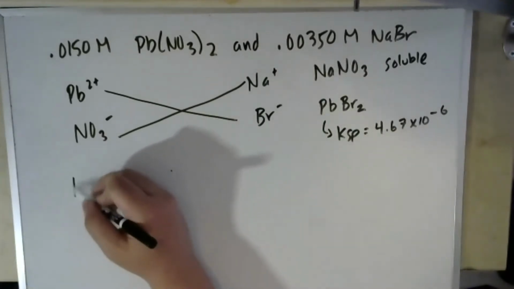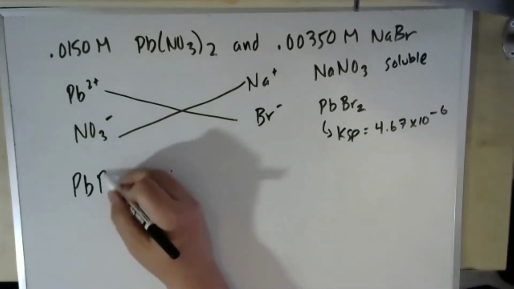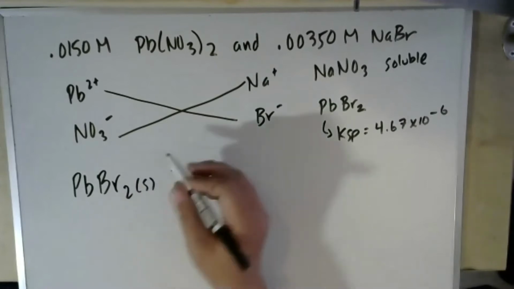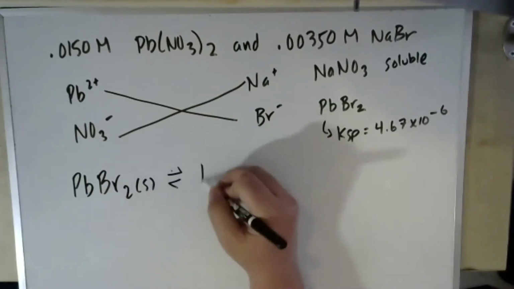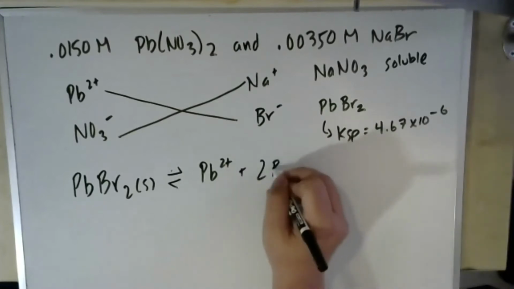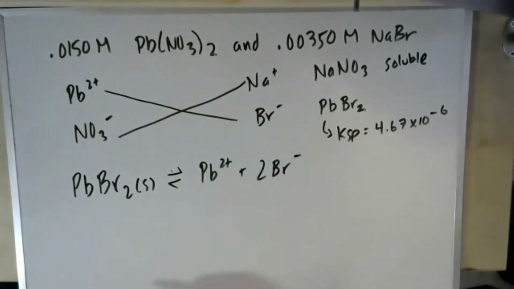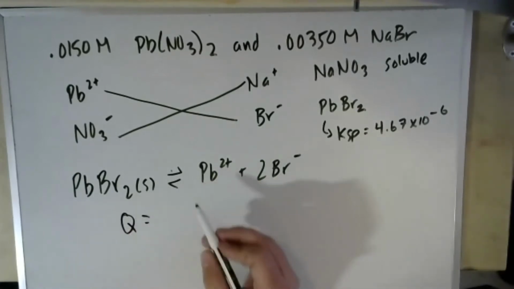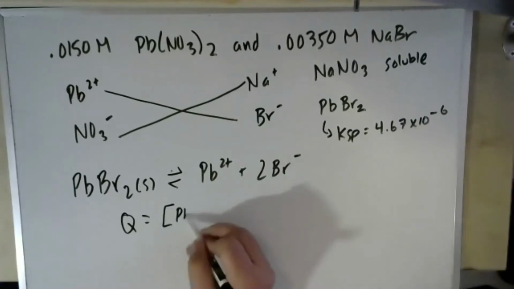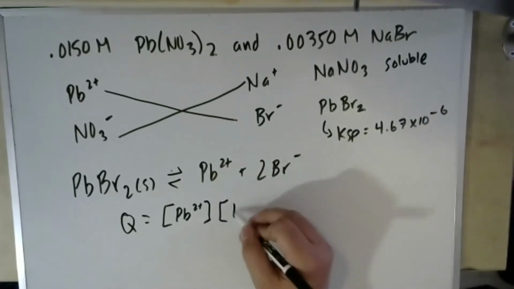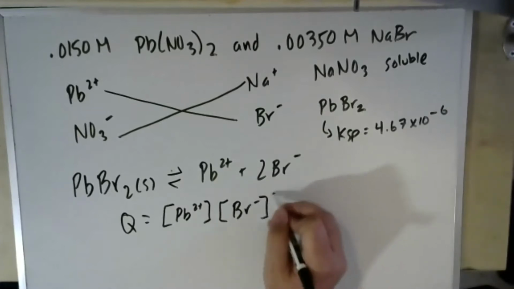We are going to look at the dissolution process of the PbBr2 solid, and we're going to form a Q expression based on that. Okay, so Q is going to be equal to the concentration of Pb2+ times the concentration of Br- squared.